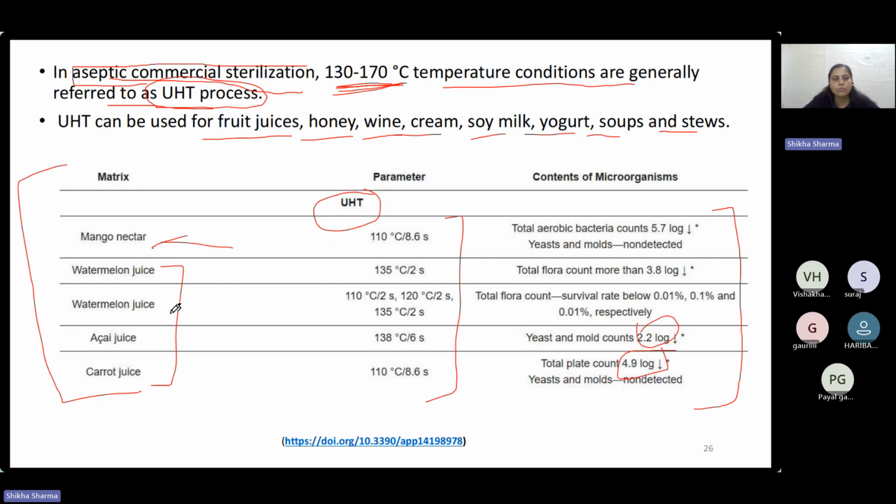We can see that when watermelon is treated with UHT process conditions, like 135 degrees for 2 seconds, the total flora count reduces by more than 3 log reduction, right? These are just examples so that you can understand the application part.